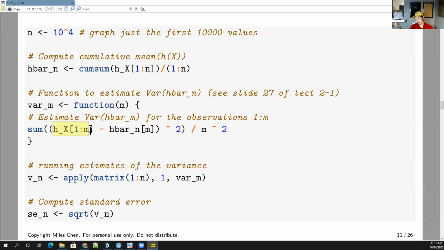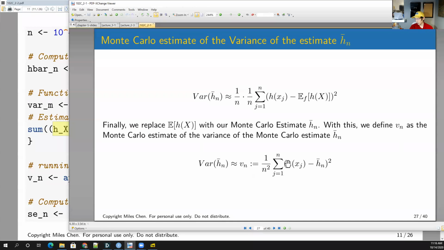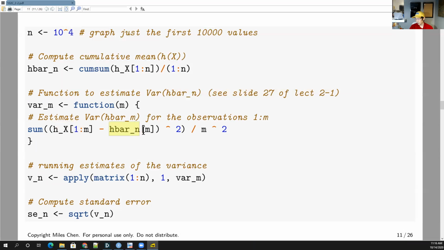So like if I did the first 100 values of h of x, which is this part, h of x sub j for whatever j values you have, minus h bar sub n, and that's kind of the running h bar value, so the 100th running h bar value or whatever.